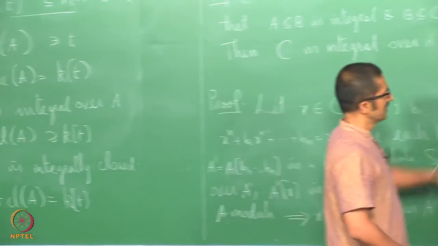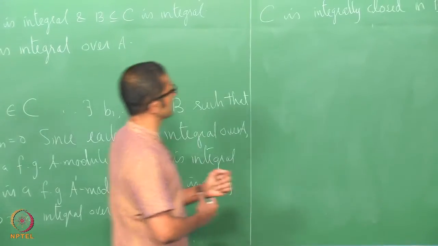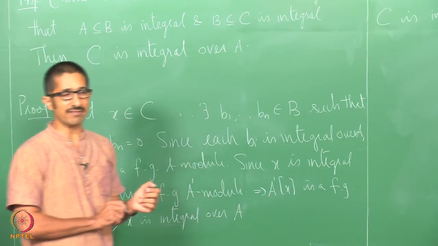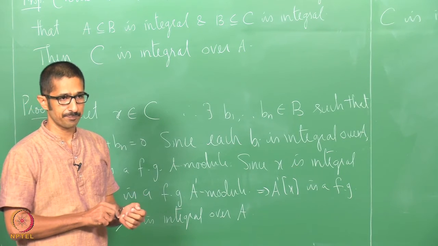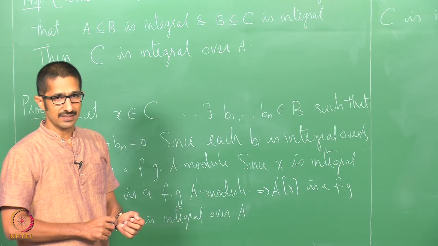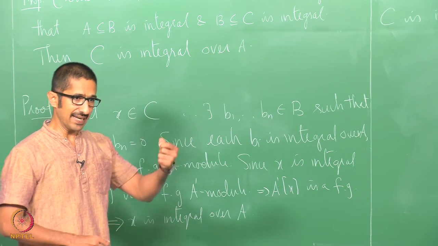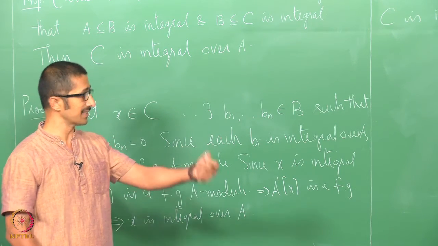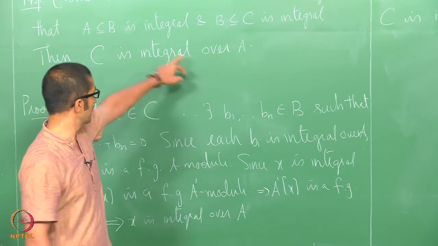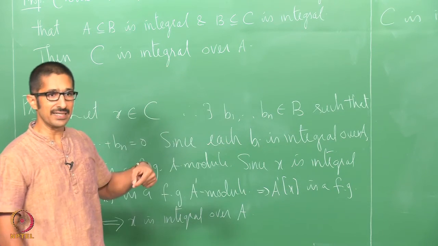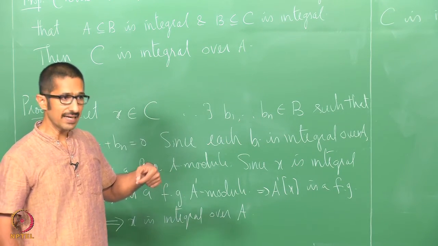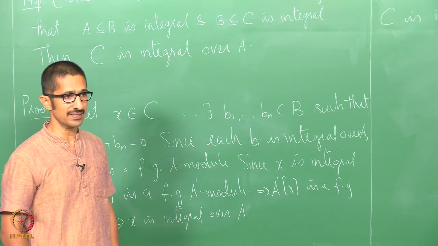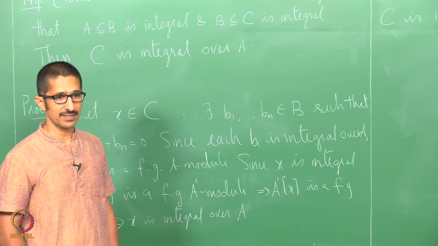Here what we are saying is that if C is the integral closure of A in B, I collect all the elements in B which are integral over A, then you take any element in B which is integral over C, then by this that has to be integral over A, and hence it has to be in C itself. So, therefore, C is integrally closed in B.